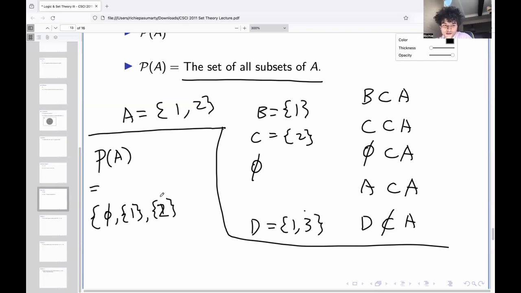Sorry, I'm saying this wrong, but inside the power set of A, we have this set and we have this set. All the elements of the power set of A are the subsets of A.